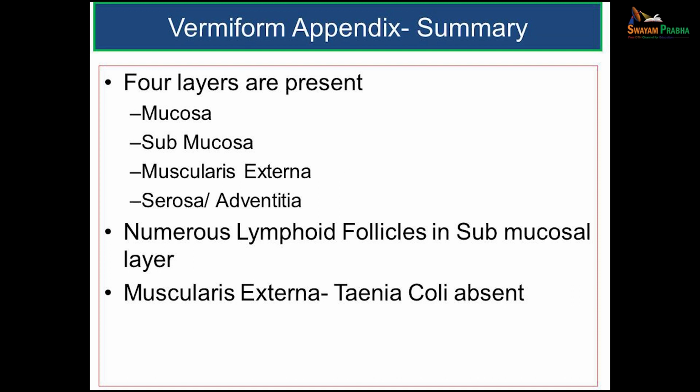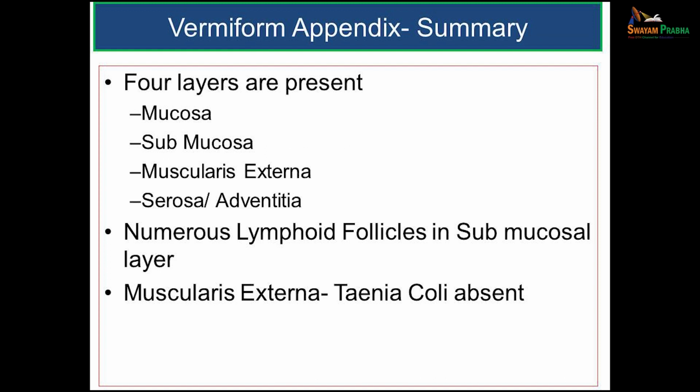As regards the mucosa, the goblet cells are numerous when compared to the small intestine. With regard to the submucosa, the specific feature of the vermiform appendix is the presence of numerous lymphoid follicles, which is the hallmark feature for identification of the vermiform appendix.